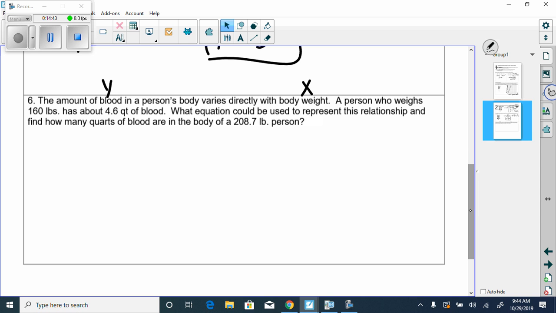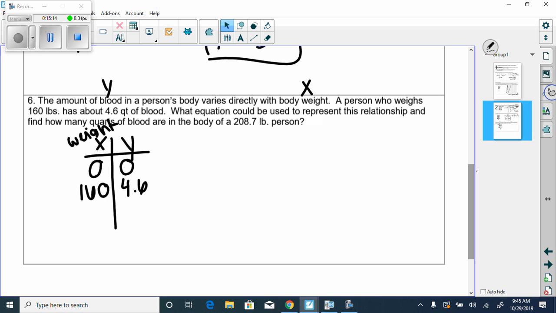So if it says this is a direct variation, we know that if the body weighs 0 pounds, there is 0 blood. Then they told us if a person was 160 pounds, that they had 4.6 quarts of blood. So we have some second point. So we said this is our weight, this is our blood, and we could plug that into our calculator, right?